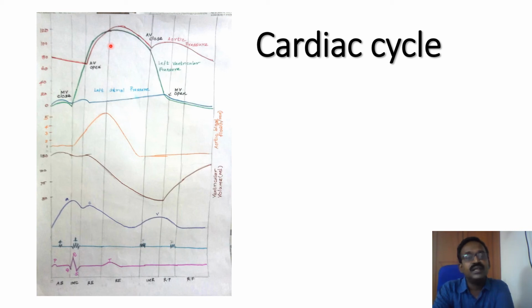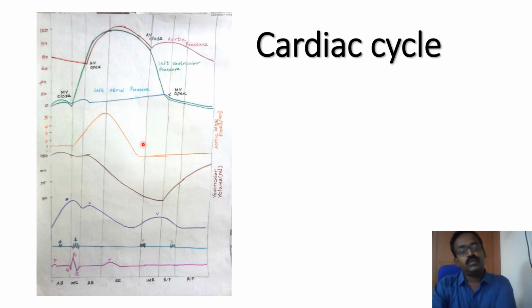When it enters the reduced ejection phase, ventricular volume slowly decreases. The aortic pressure also exceeds, but aortic blood flow decreases in this phase. The reduced ejection phase lasts up to the aortic valve closing. Initially, left atrial pressure gradually increases due to the filling of the atria during the ventricular systole.